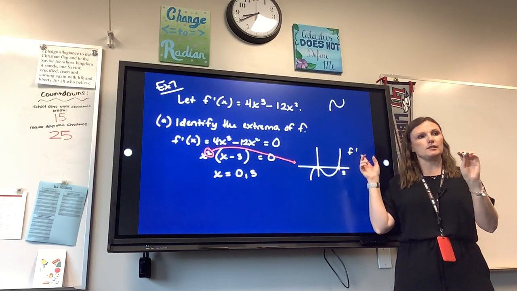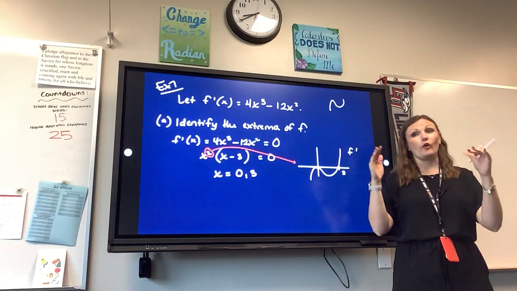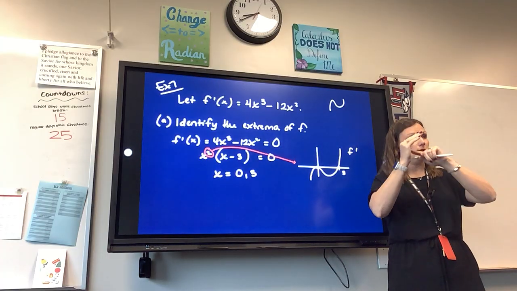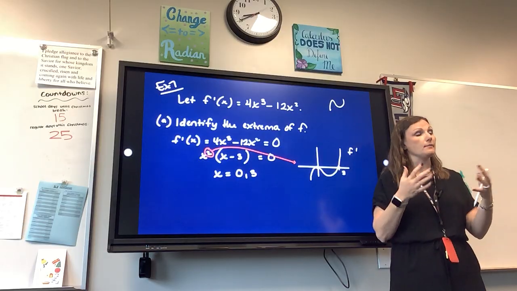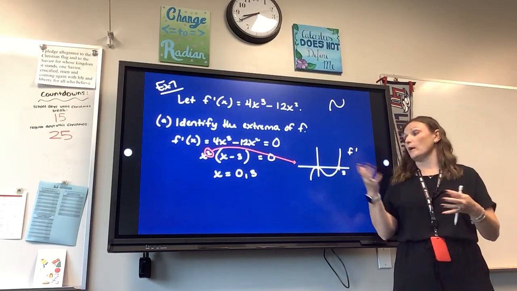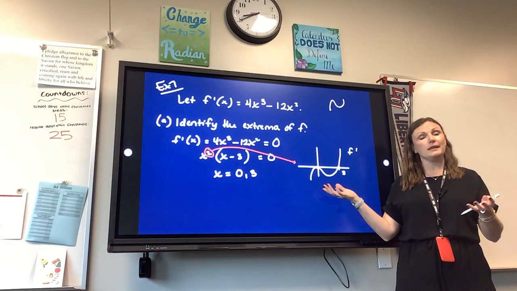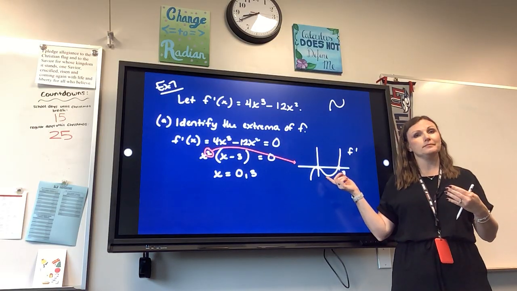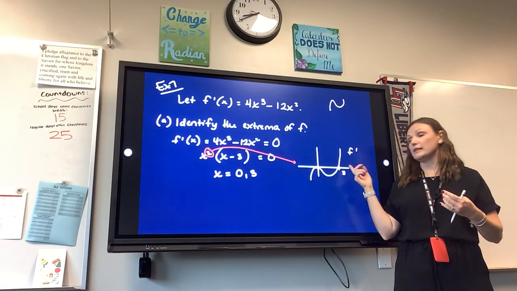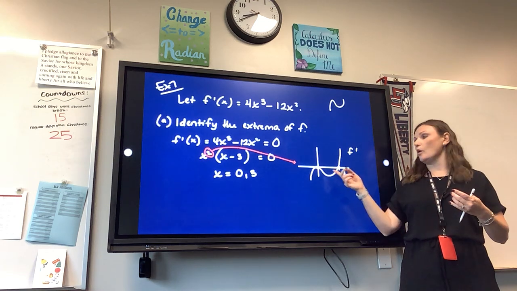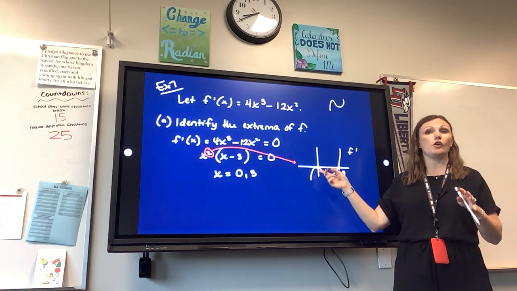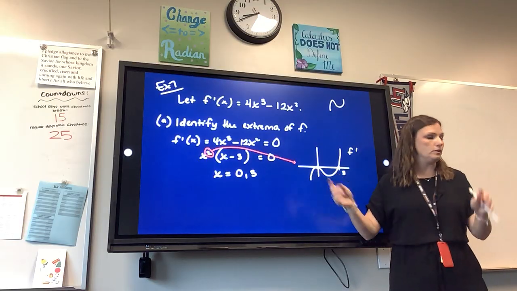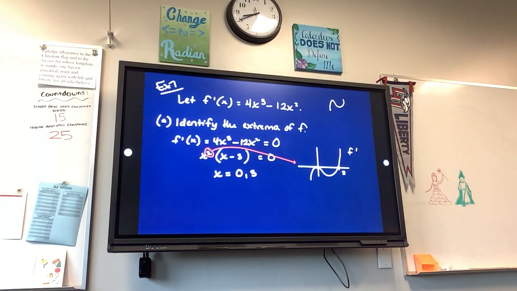The sign needs to change for f prime for f to have a change in direction, like increasing, decreasing, or decrease, increase, right? So you need to have some kind of sign change. I wanted to pull the graph in because is there a sign change at 0? There's not, but there is at 3, right? So there is not a local max or a min at 0, but perhaps something else going on. We'll talk about that in a second.